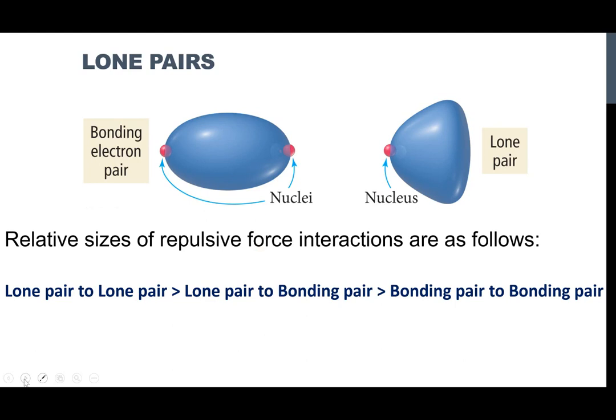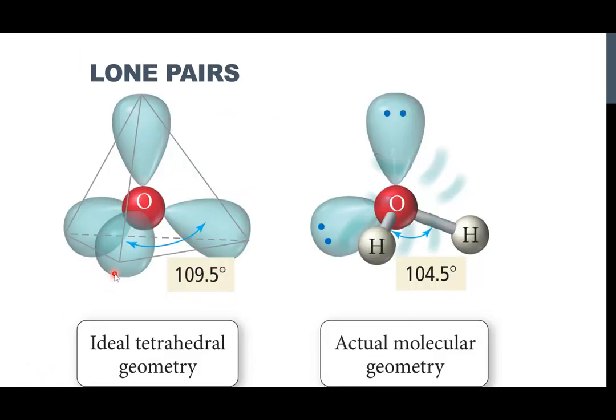What does this mean for geometries? Well, what it means is that in an ideal perfect tetrahedral molecule with 4 things attached to it that are all bonding pairs, those bond angles would absolutely be 109.5 degrees. But when we have lone pairs in the mix, these lone pairs actually put stress on these 2 hydrogen atoms and push them or squeeze them a little bit closer together.